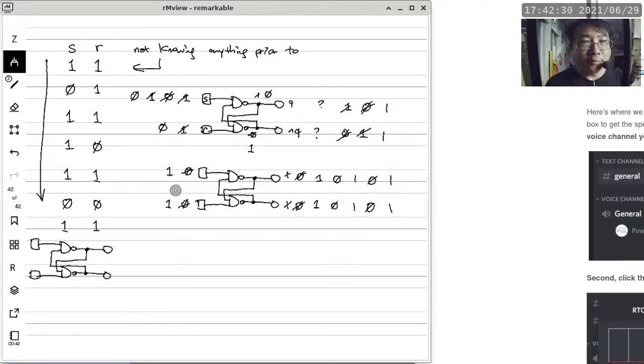So basically what we have now is an oscillator, which is unintentional. This is not why we have the SR latch, but if you create a circuit like this and you change both inputs from 0s to 1s at exactly the same time, then it is going to oscillate. So are there any questions about this analysis?